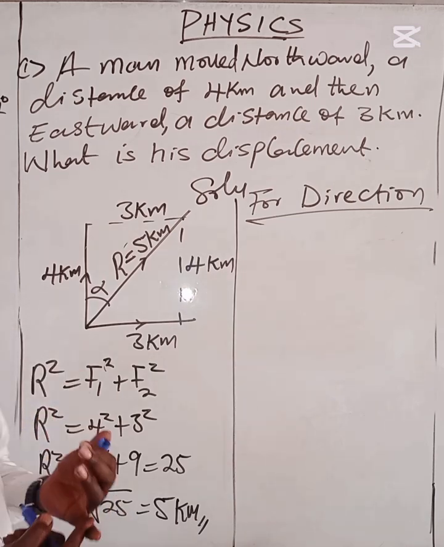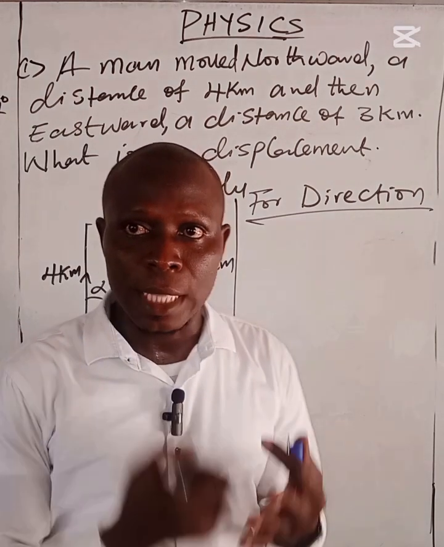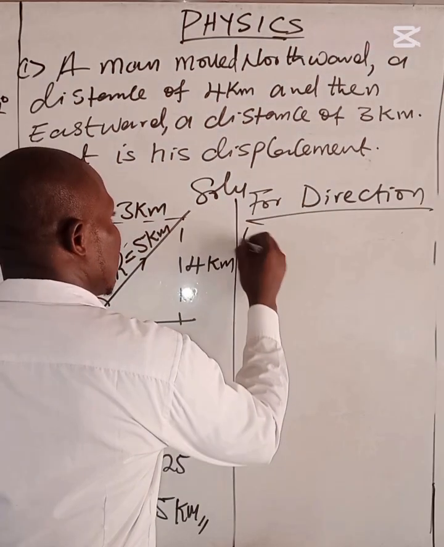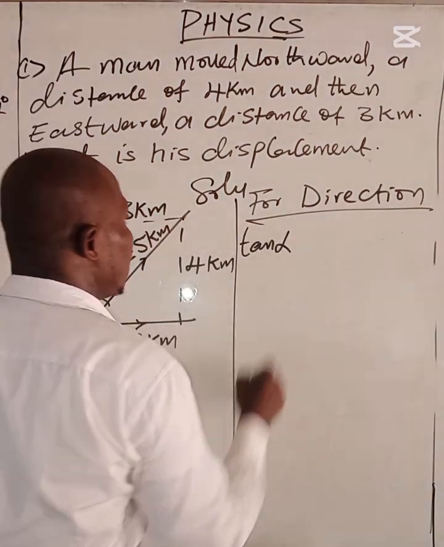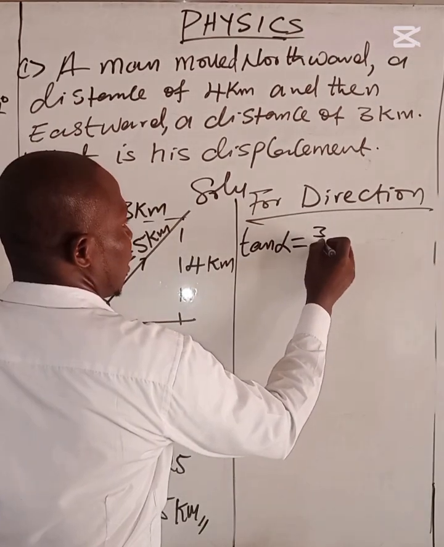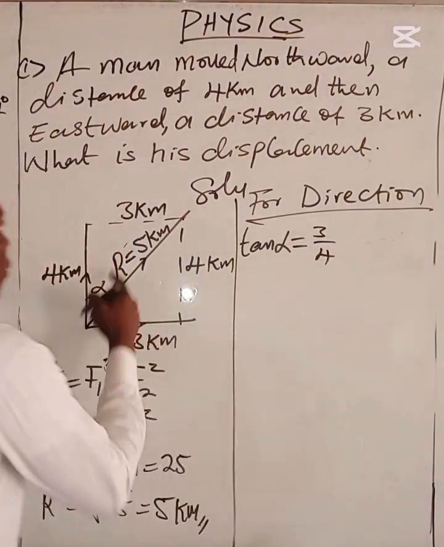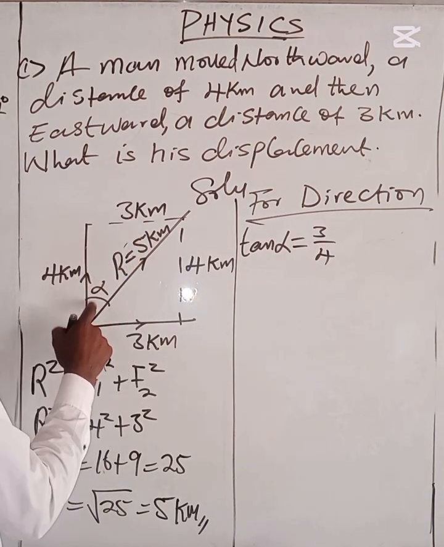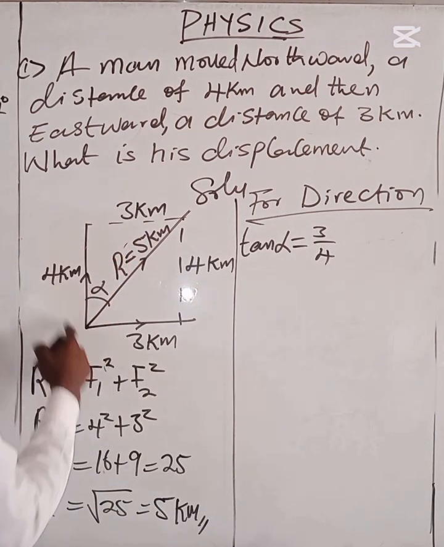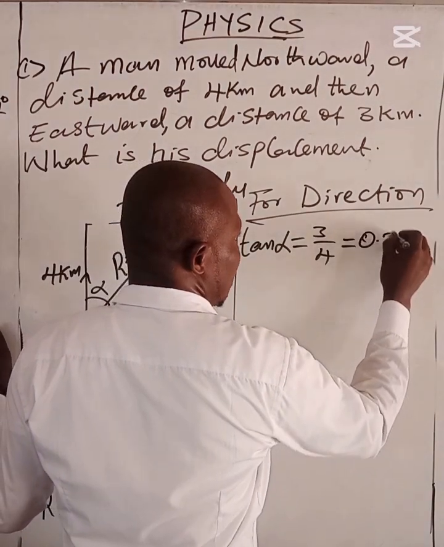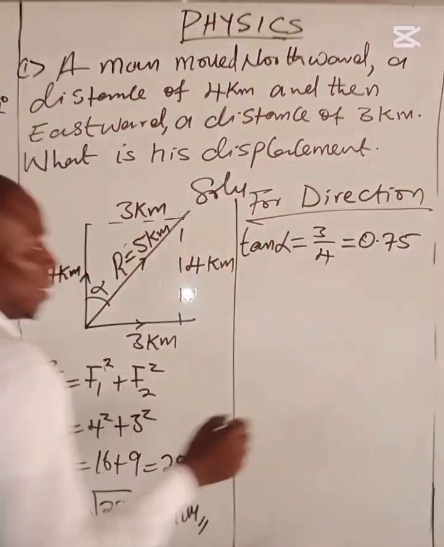We can use sine, we can use cos, we can use tan. So if I'm using tan, I'm going to say tan alpha is going to be 3 over 4. That is opposite over adjacent. The opposite of this angle is 3. The adjacent is 4. And that is going to give us 3 divided by 4, which is 0.75.